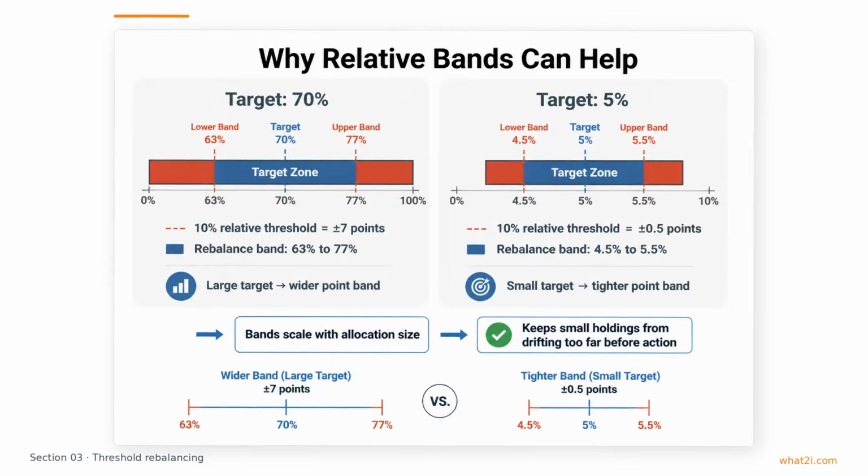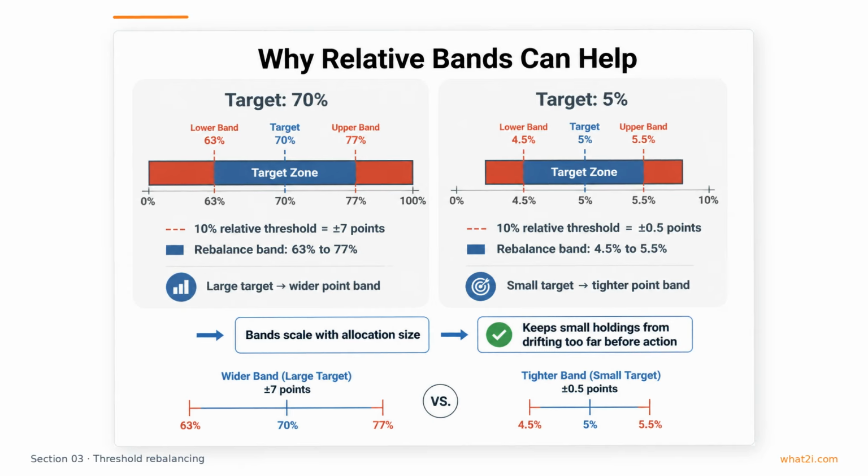With a 10% relative band, the 70% allocation gets a plus or minus 7-point band, but the 5% allocation gets only a plus or minus 0.5-point band. That scaling effect can prevent small holdings from drifting too far before the rule responds. In other words, relative thresholds adjust the band to the size of the allocation. For diversified portfolios with uneven targets, that can create a more balanced system.